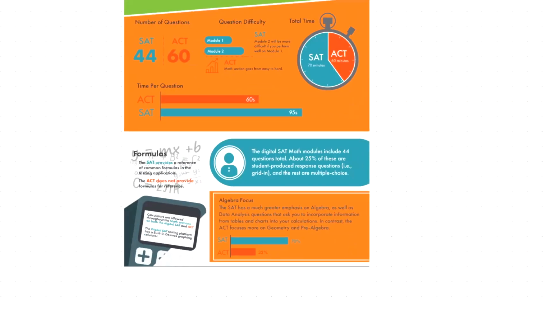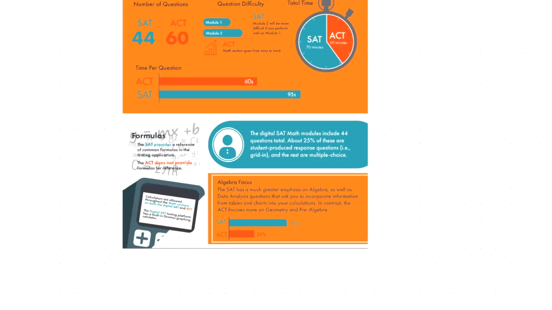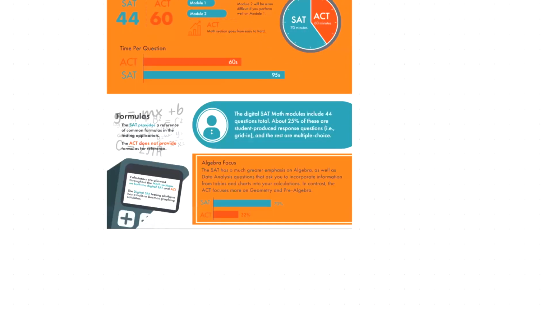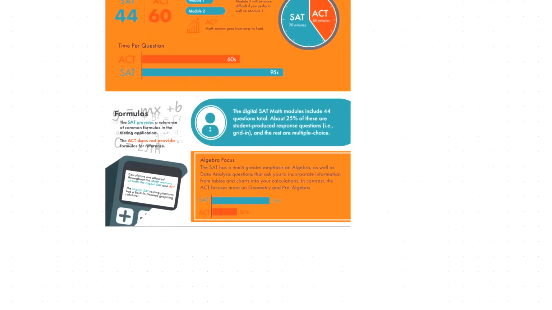In the digital SAT, the math modules include 44 questions, and only about 25% of these are student-response questions. Some of the questions you will need to read, and you will be given the formulas in the SAT. You will have a reference at the top right of the exam. During the exam, you will be able to click and see the formulas.